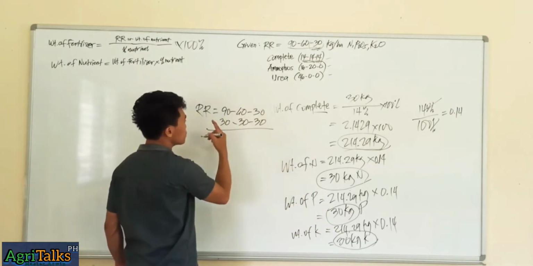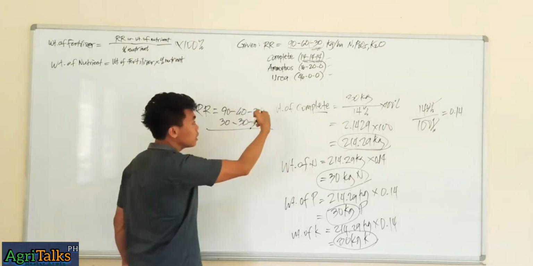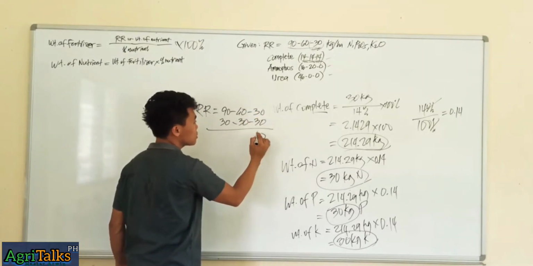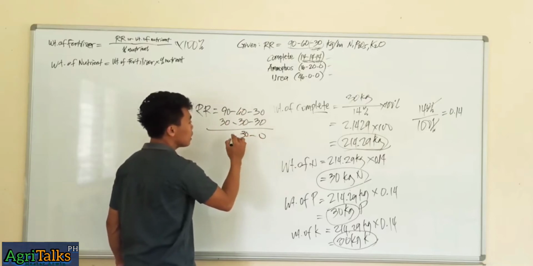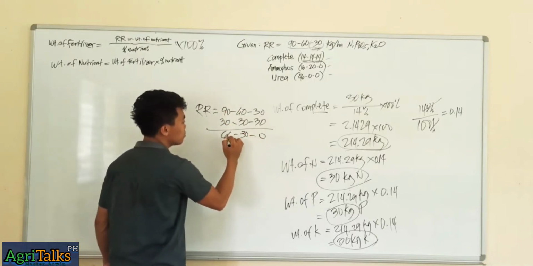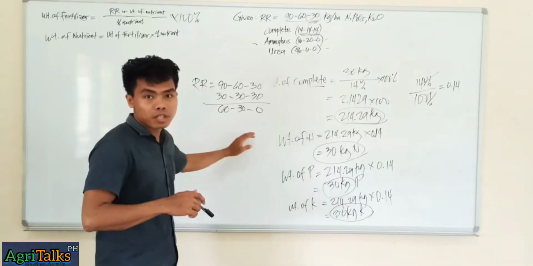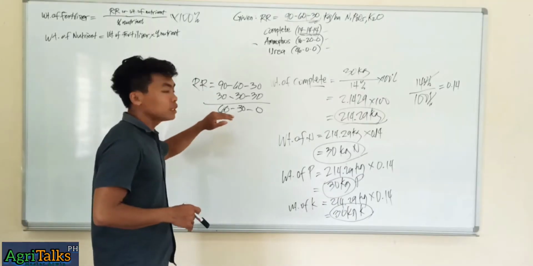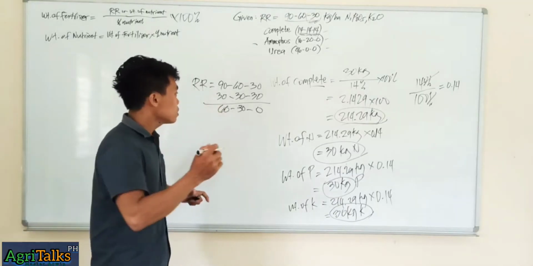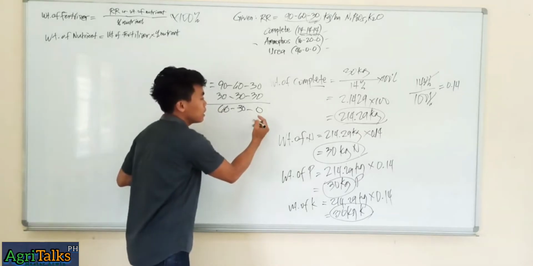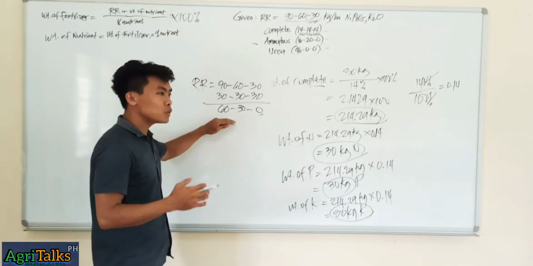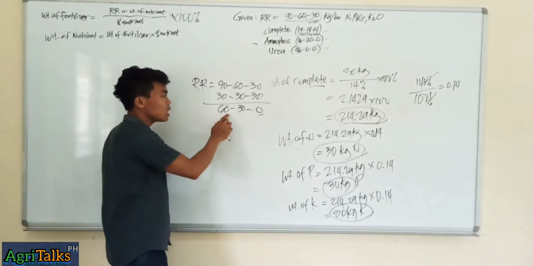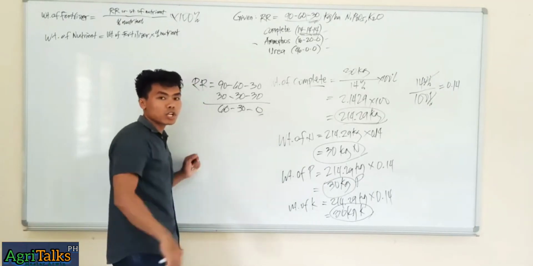So 30 minus 30 is 0, 60 minus 30 is 30, and 90 minus 30 would be 60. So this is now the new nutrient requirement. We have satisfied the potassium. So the new requirement now is 60, 30, and 0.